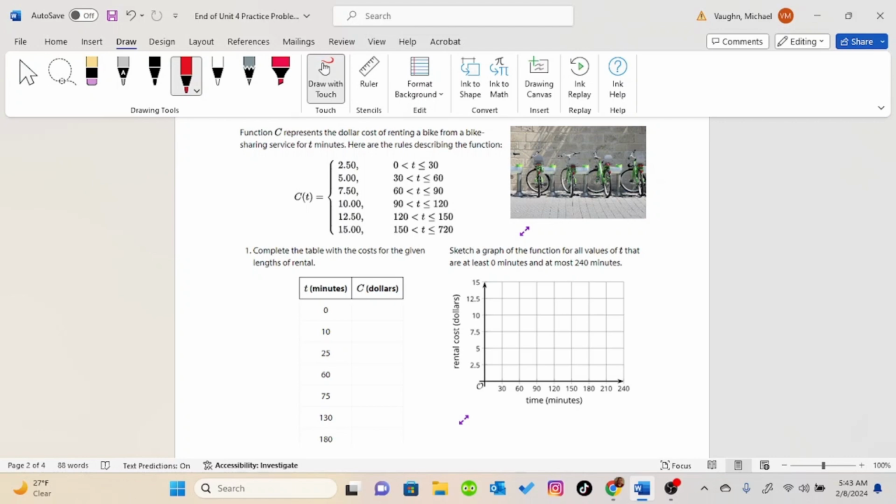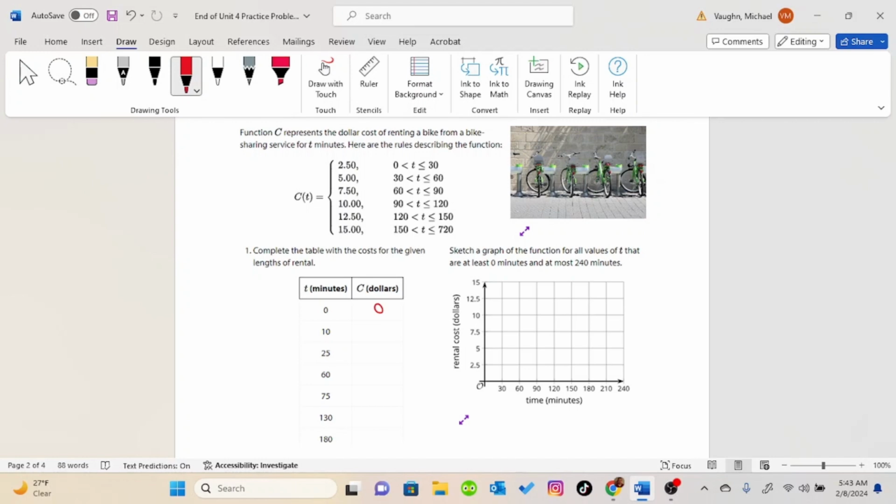So if we look, our first time is 0 minutes. In this first rule, 0 is not included. So there is no cost for 0. Obviously, if you don't rent, then there is no cost.